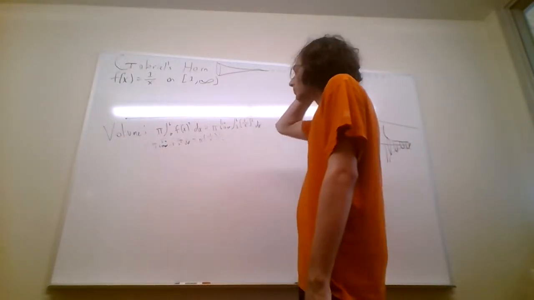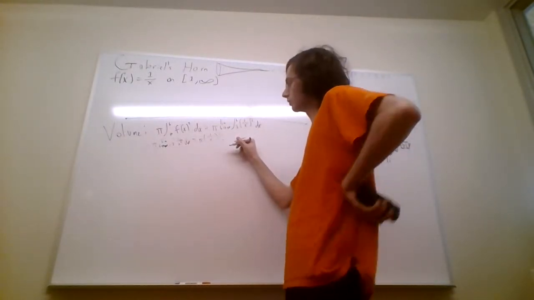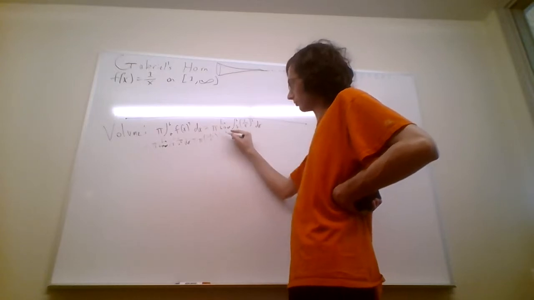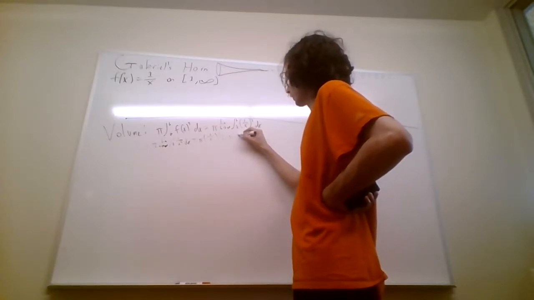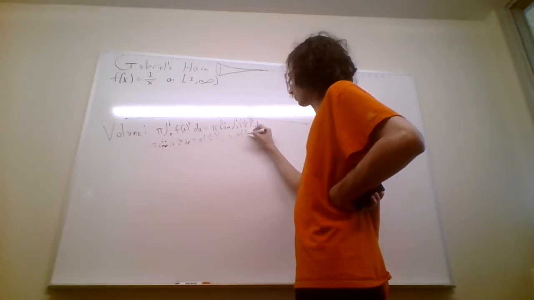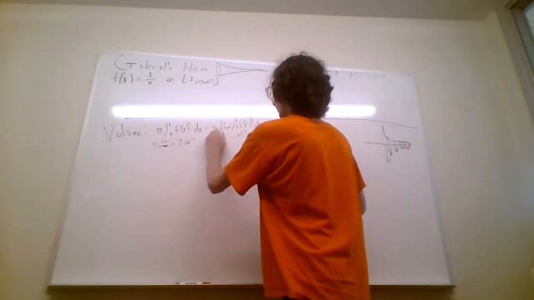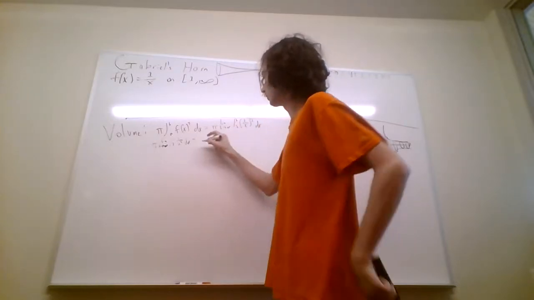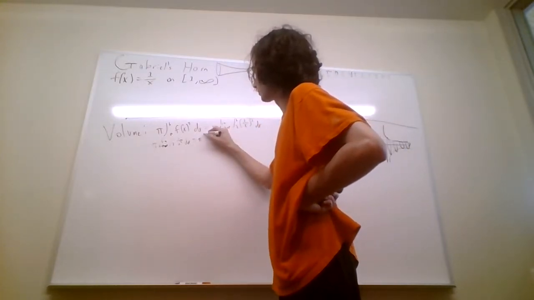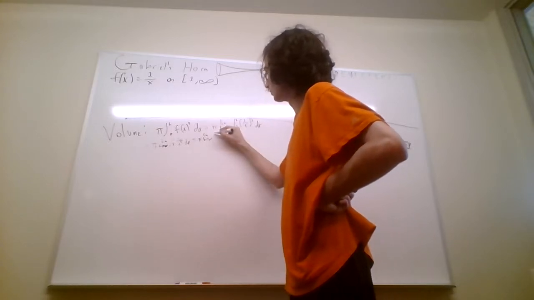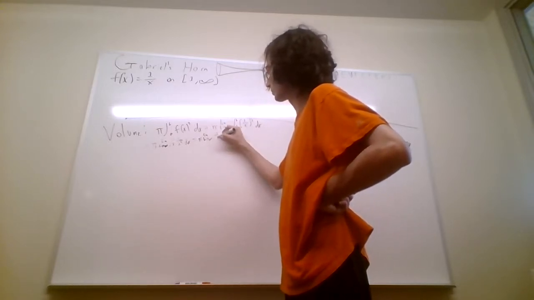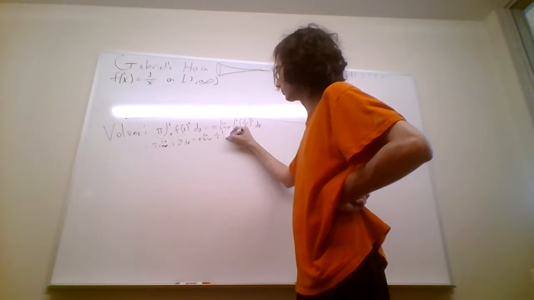I should write bigger, but I don't like the negative 1 being there, so I'm just going to flip the bounds to get rid of the negative. I forgot the limit, sorry. It's equal to pi times the limit as b approaches infinity of negative 1 divided by x from 1 to b.